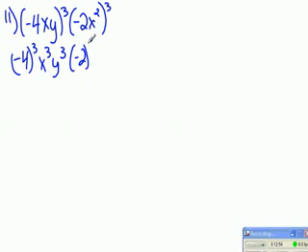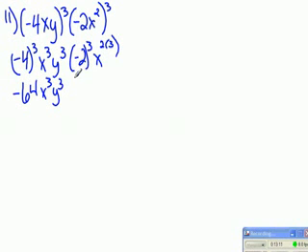And then times negative 2 to the 3rd power, and x to the 2 times 3 power. So negative 4 times negative 4 times negative 4, you should know is negative 64. Can't do anything with x to the 3rd and y to the 3rd. Negative 2 to the 3rd power is negative 2 times negative 2, which is 4, times negative 2 is negative 8. And x to the 6th.